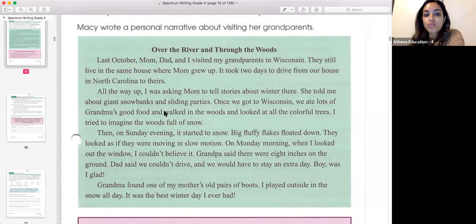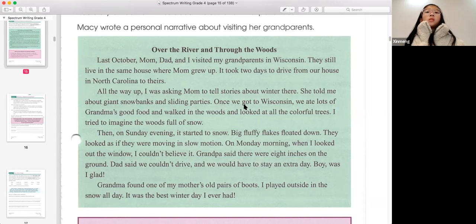Xingmeng, would you like to read the second paragraph? Yes. Okay, go ahead. All the way up, I was asking Mom to tell stories about winter there. She told me about giant snow banks and sliding parties.